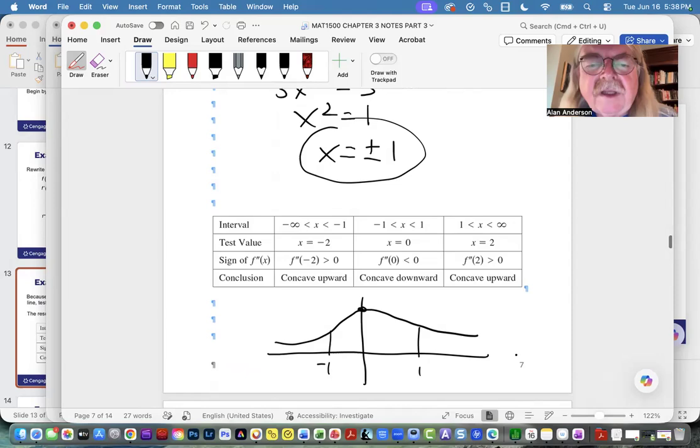So you notice what they've done in the chart. Negative infinity up to -1, -1 to 1, 1 to infinity. And so they just arbitrarily chose -2 here, 0 here, and 2 over here.